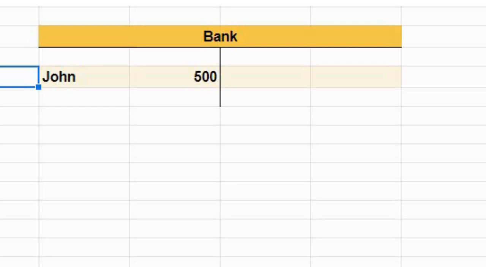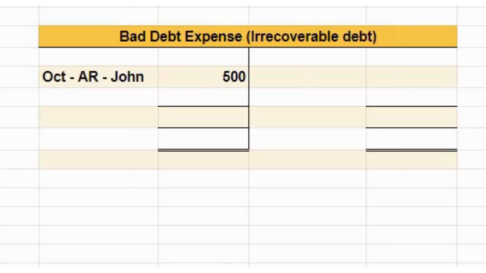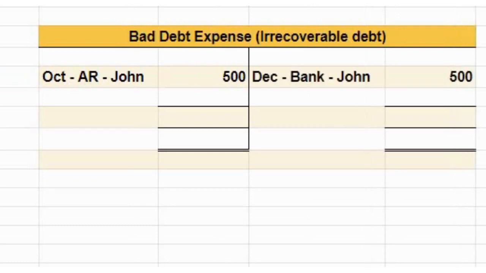And so, as I just said, we will debit the bank with £500, and with method 1 we simply go over to the bad debt account and we credit bad debts with £500. And so here we can see the credit entry in December from the bank with our reference John, and the value is £500.